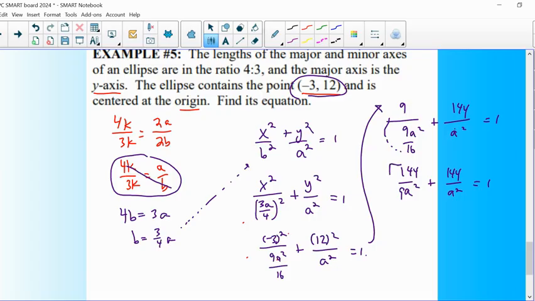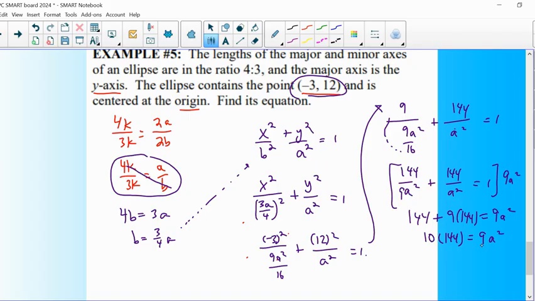It might make sense to multiply both sides by 9a squared to get rid of the fraction. So that gives you 144 plus, the a squareds cancel, so 9 times 144 is equal to 9a squared. Well, 144 plus 9 times 144 is 10 times 144, which is equal to 9a squared.